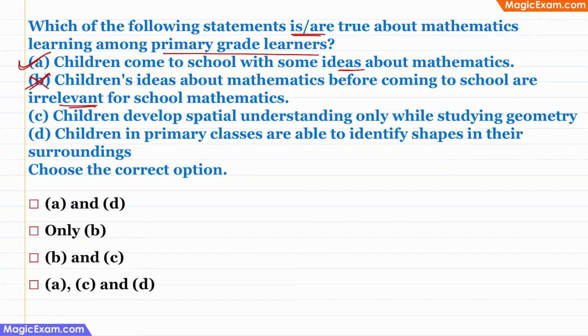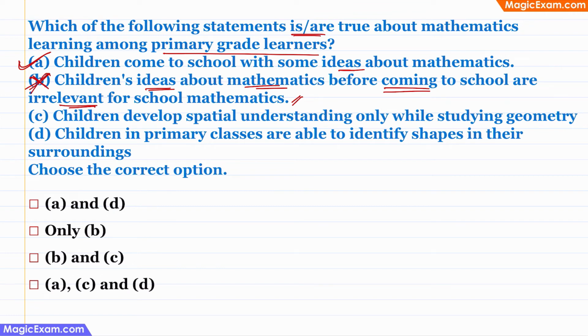If what they have already learned before coming to school is correct, then the school can build upon that knowledge. If what they have learned before coming to school is wrong, then that part has to be unlearned so that the correct technique or the correct concepts can be taught in school. Therefore, whatever ideas children have about mathematics before coming to school is relevant and important in school mathematics. Therefore, this statement is incorrect.